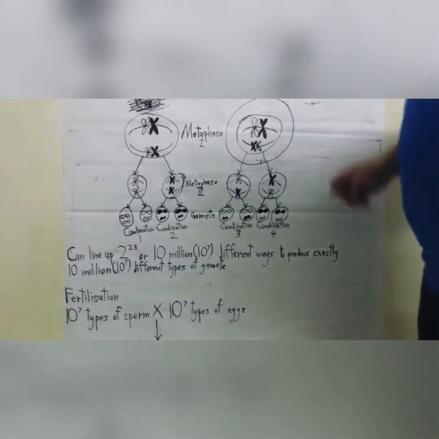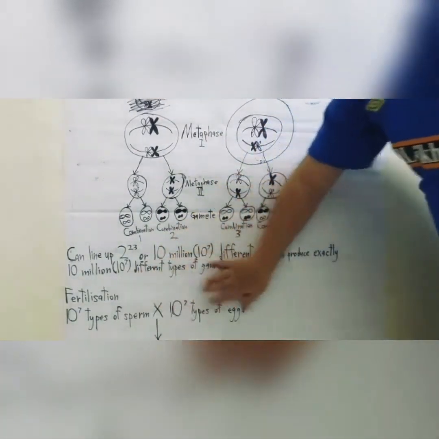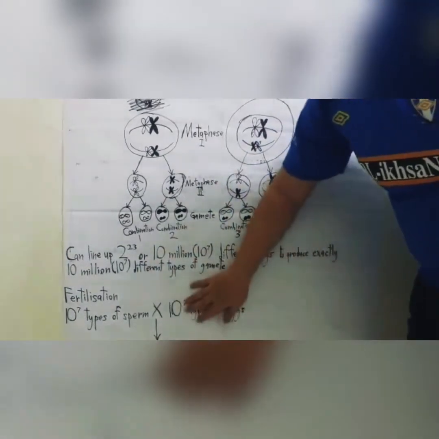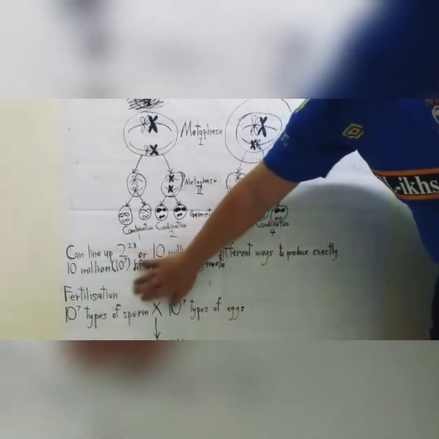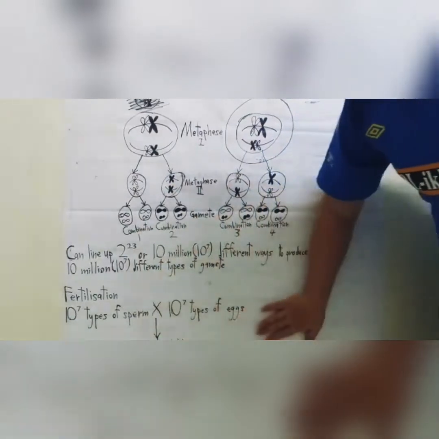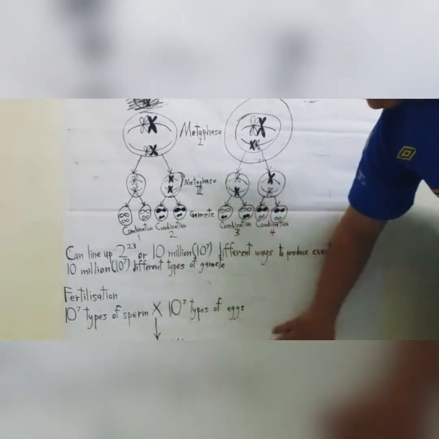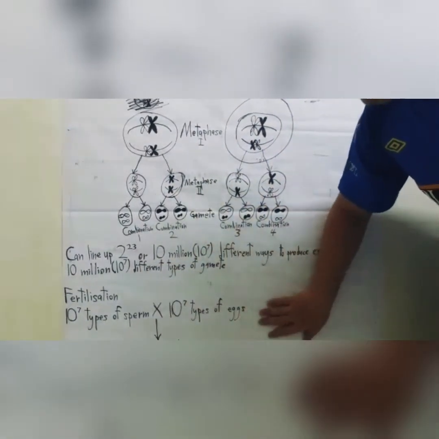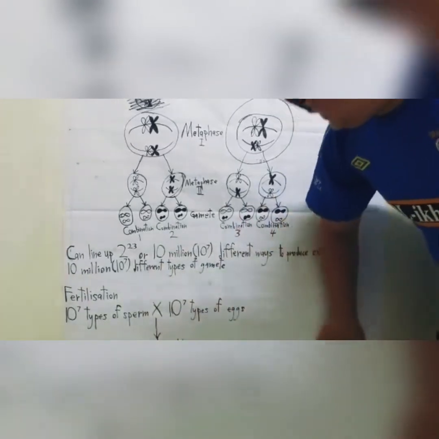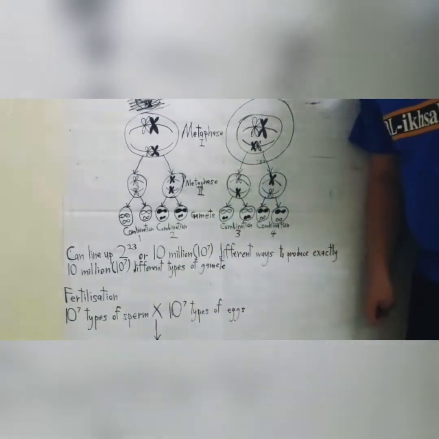Then after that we have fertilization. Combining the 10 million types of sperm from the male and 10 million types of eggs from the female, you get 10^14 types of children.